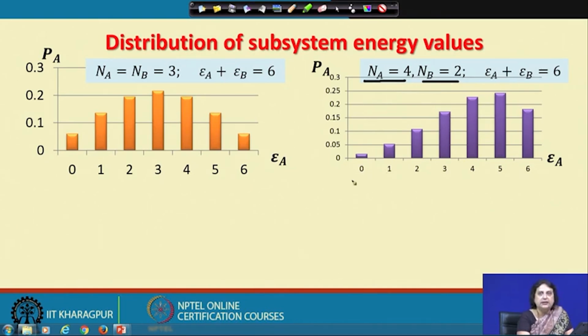So, what is the result that we see in the distribution function of P as a function of epsilon A? Please note that along the x axis I have the same numbers from 0 to 6, but what I find is that instead of a symmetric curve, now I have an asymmetric curve. The common feature is still I have a maximum. Here the maximum appears corresponding to epsilon A equal to 5.